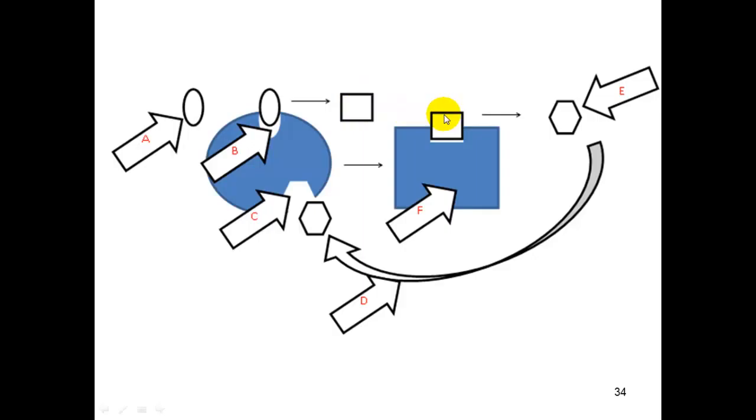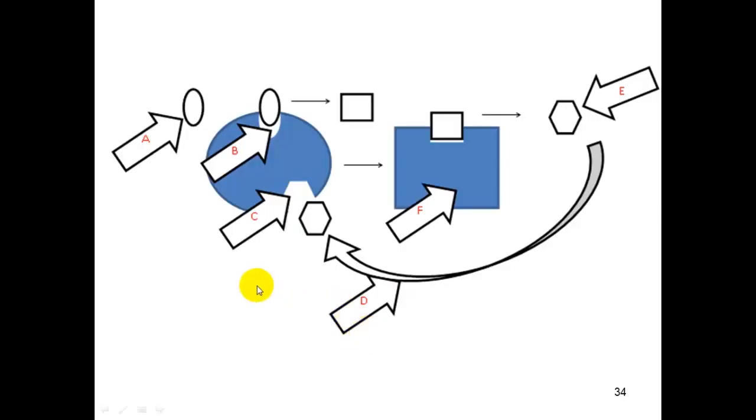The square then binds to this particular part of whatever this is. After that, it changes it to this hexagon, which then can actually come down here, bind to a different part, okay, and that is called something.